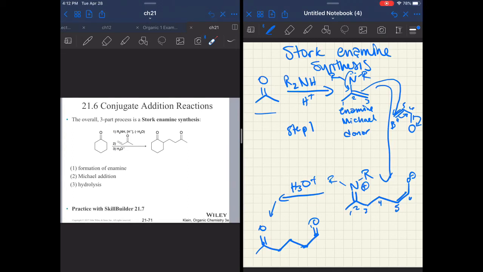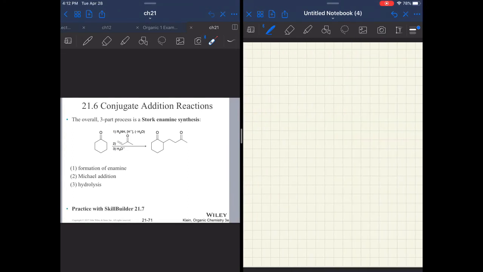Now, this is often written all as one piece, right? So if we wanted to show that reaction instead of in individual steps, put it all together, you are going to bring in that secondary amine. Again, that's what forms your enamine. Number 2, you are going to bring in your Michael acceptor, and then you're going to work it up.